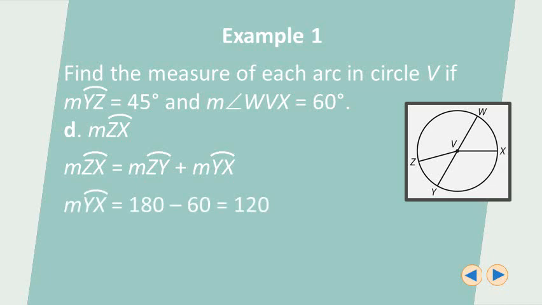So YX is 180 degrees minus WX, which gives us 120. ZX is going to be 45, the measure of YZ, plus 120 degrees, which is the measure of arc ZW and WX. That gives us 165 degrees.